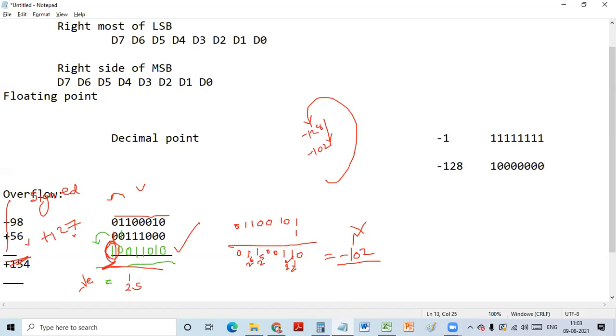Okay, when we add these two, you should get -129, which we cannot represent with the available values, right? So when I add these two, I will get all 1s with an extra bit out. This is what we call the extra bit out, and the result is 0 1 1 1 1 1 1 1, right?